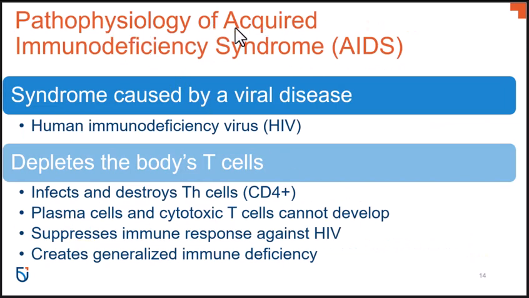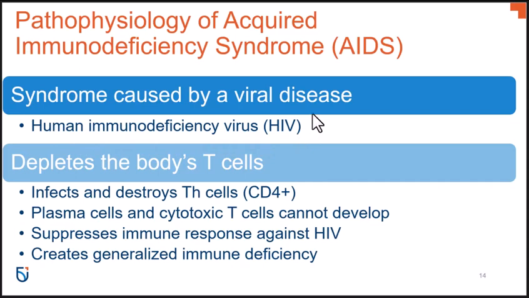We're going to talk about the pathophysiology of AIDS, which stands for Acquired Immunodeficiency Syndrome. This condition is a secondary immune deficiency, and it develops in response to a viral infection, specifically caused by human immunodeficiency virus, or HIV.